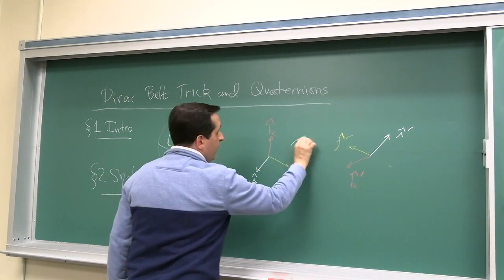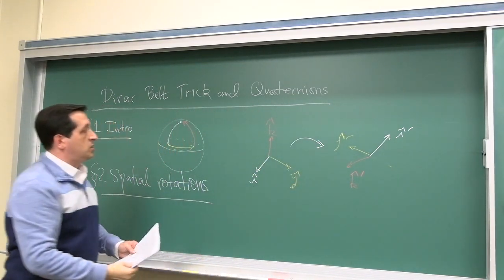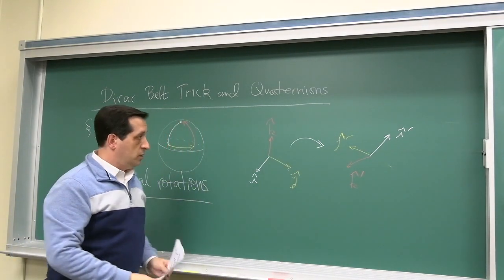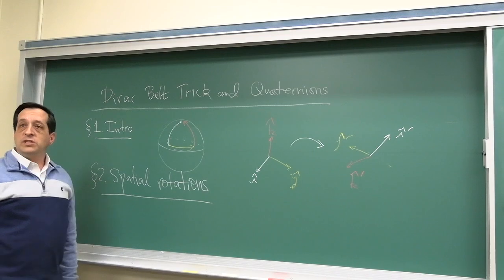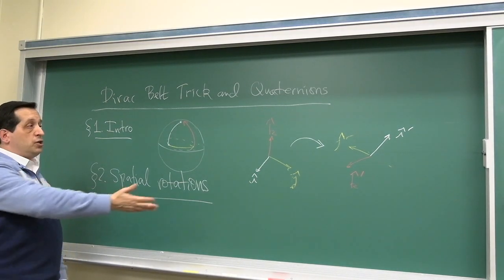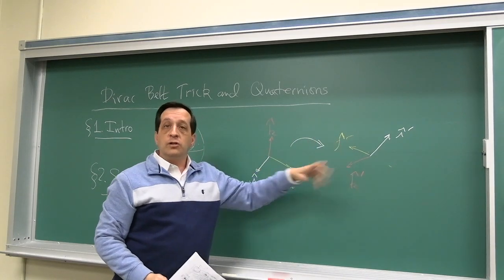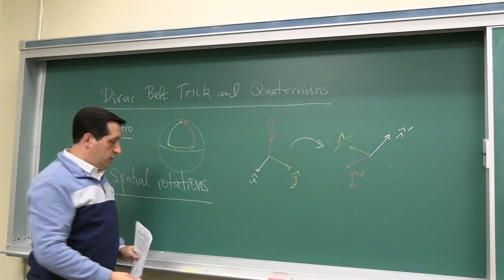So if we have some motion of space that carries this frame of reference to that frame of reference, we want to encode this information, and one of the things we learn in linear algebra is that this is some kind of linear operation, a rotation matrix, and so this is encoded.